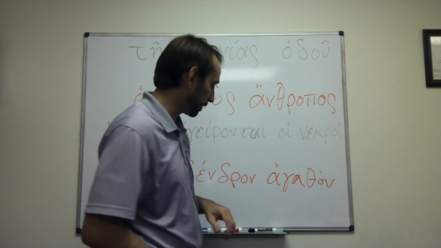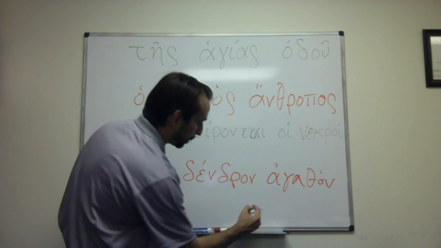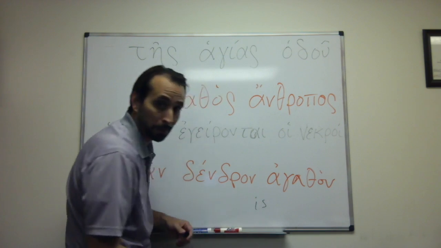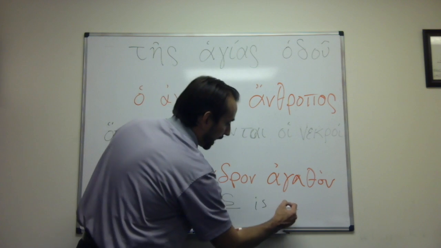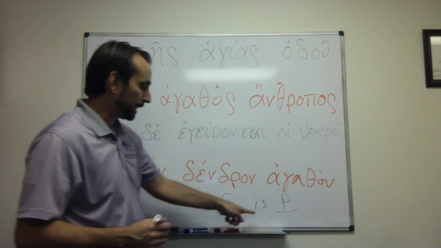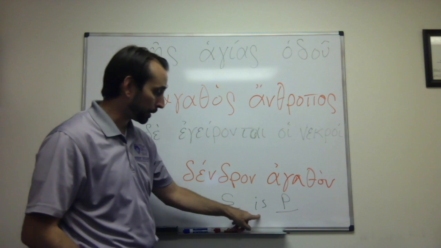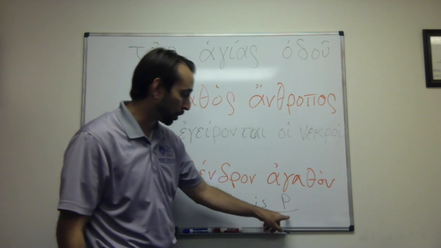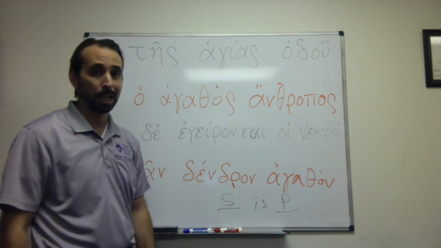I'll write it on the board here real small. You have an is verb, okay? You're going to have a subject, and you're going to have a predicate. He is tall. The he would be the subject, the copulative is the linking verb, and tall would be the predicate of the subject or the predicate of the copulative verb.